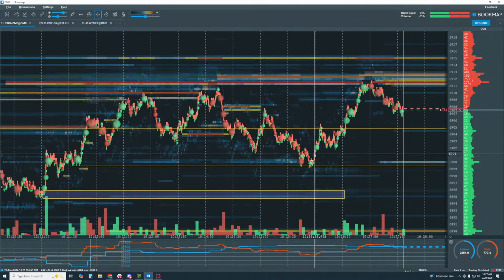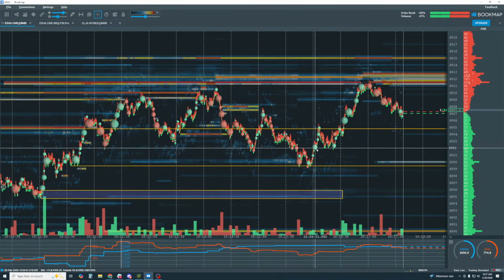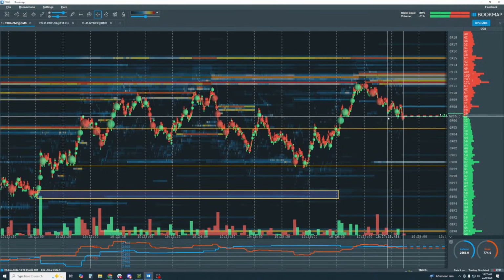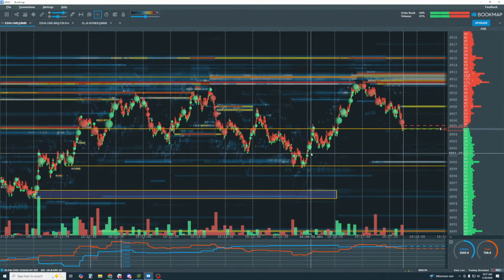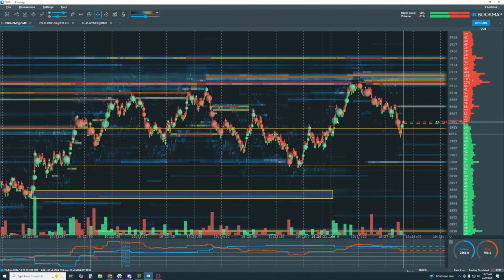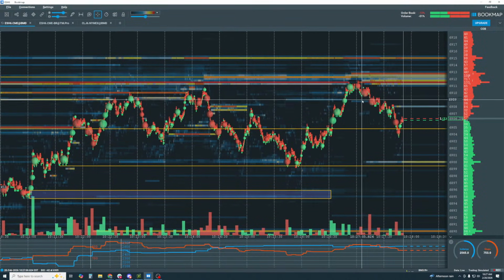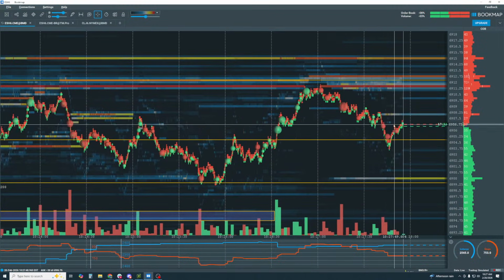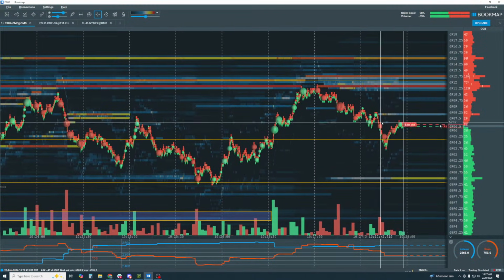If we don't see the scenario that we're looking for, we sit on our hands. We don't do anything. We're not going to press any buttons. Now if you outline this secondary setup in here and it starts to unfold, well, then you've got your setup. You're prepared for it. So yeah, we're bouncing around up here or in the middle here.